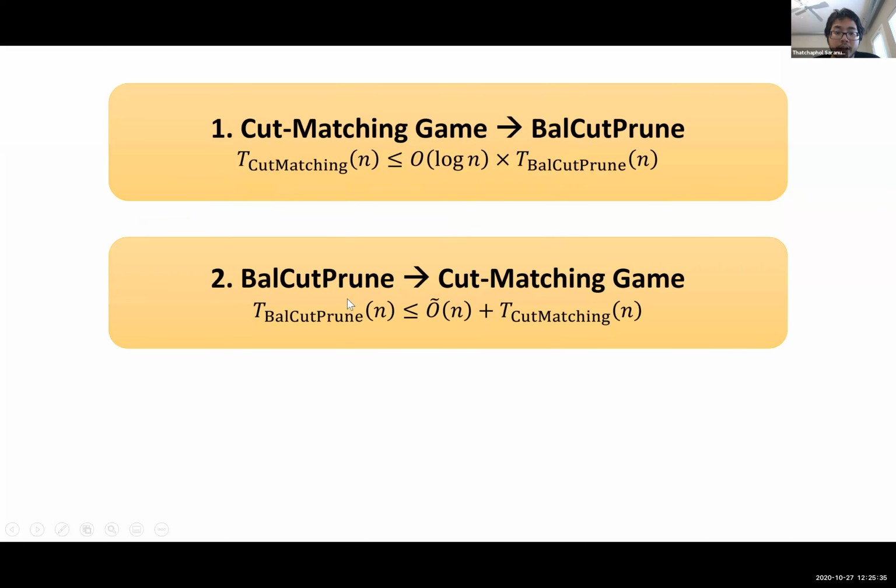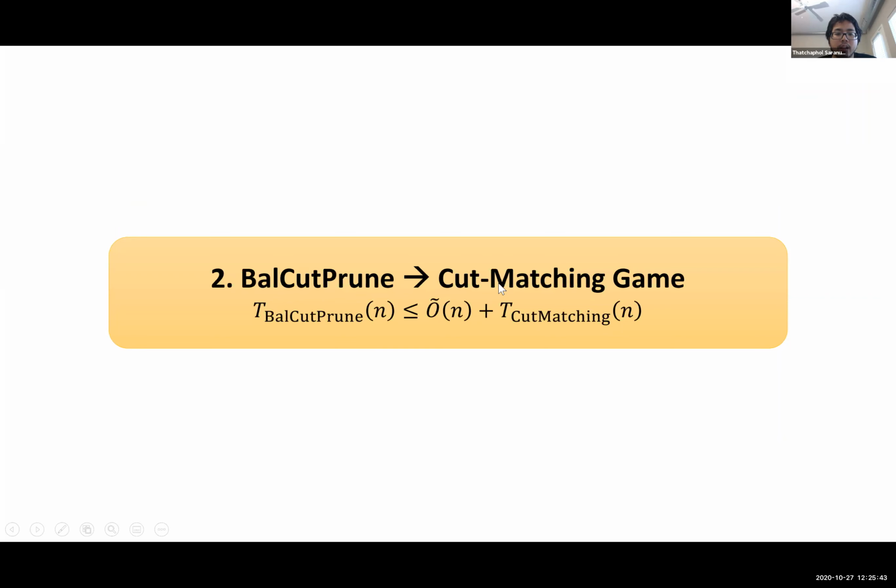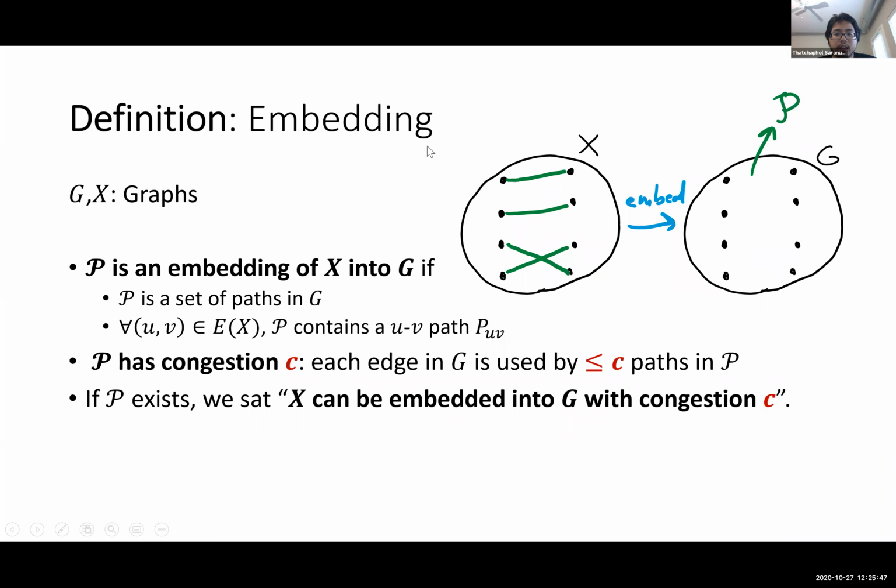Now we show another direction of the reduction, how to get bar cut prune from a cut matching game. To do this, I need a notion of embedding. Let's say that G and X are graphs.